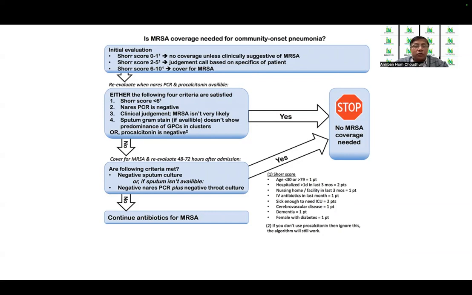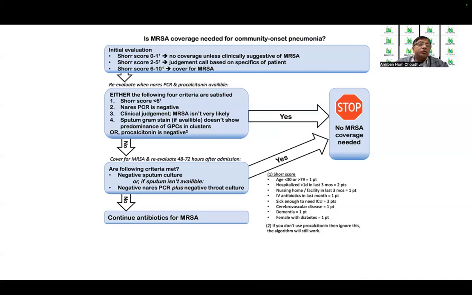So if the SHORE score is 0 to 1, no coverage unless clinically suggestive of MRSA. If between 2 to 5, a judgment call based on specifics of the patient. If the score is between 6 to 10, then we start cover for MRSA.